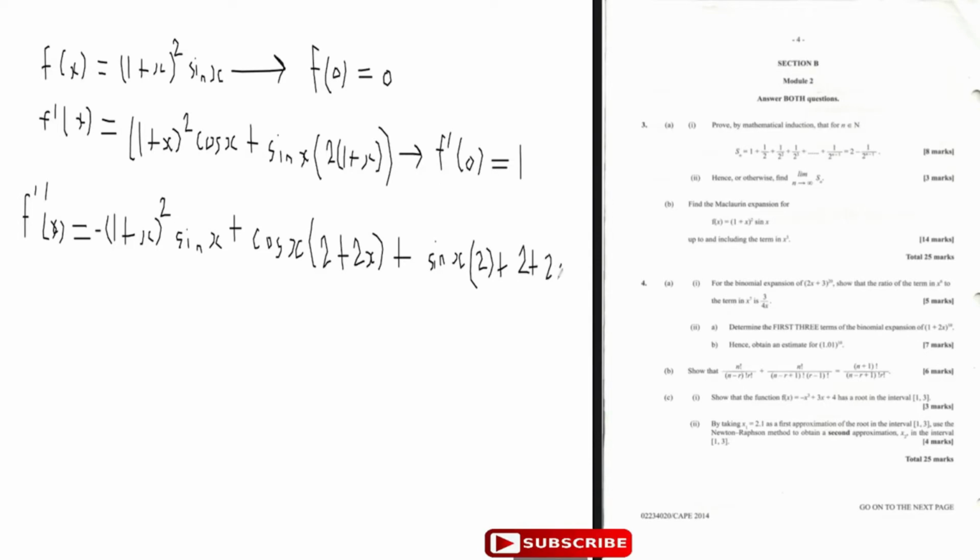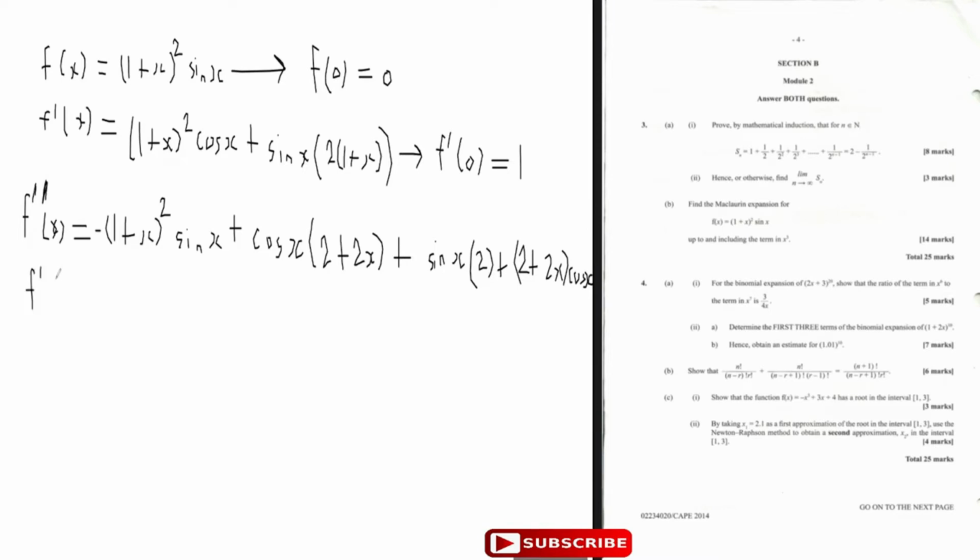Now when you differentiate sine x, you get cos x. You get 2 plus 2x cos x. All right, so what does that mean? This is f double prime of x. All right, so now we just need to plug in 0 to get that.